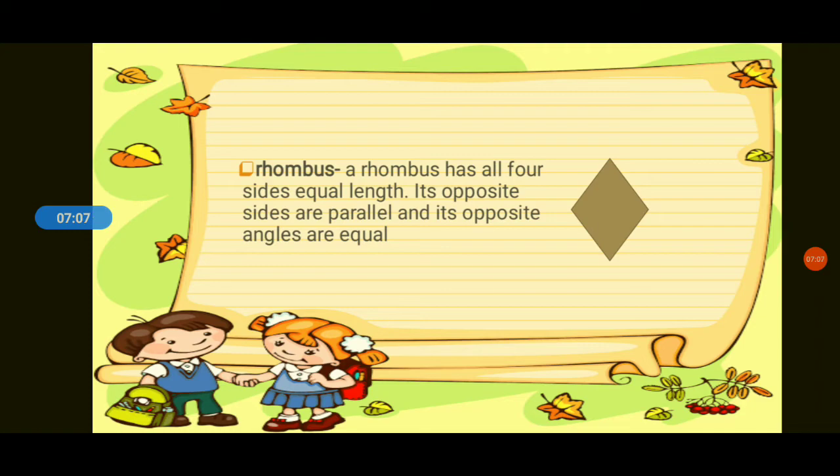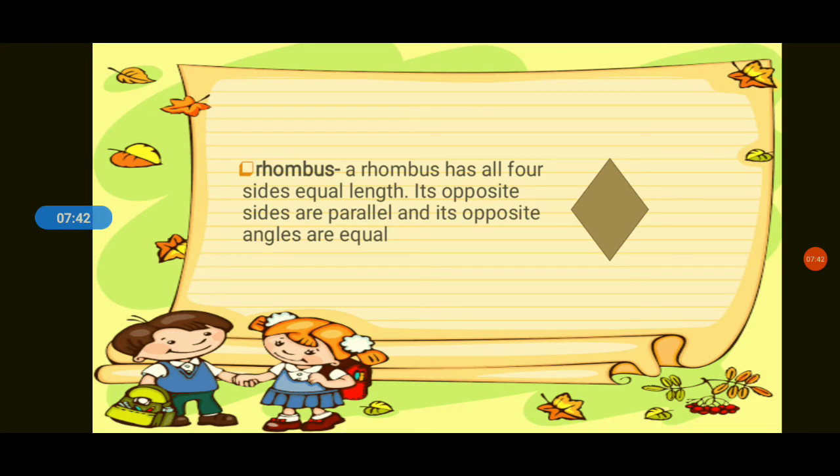Next, please draw a rectangle in your notebook. Very good. Next, please draw a parallelogram in your notebook. Very good. Next, please draw a trapezoid in your notebook. Okay, very good. And the last one, please draw a rhombus in your notebook.